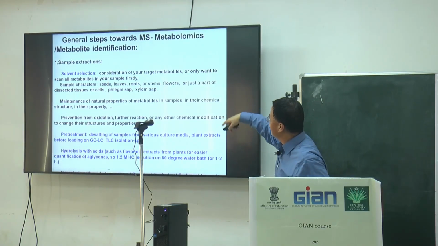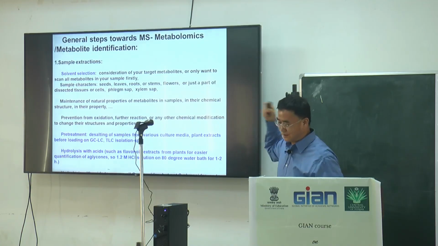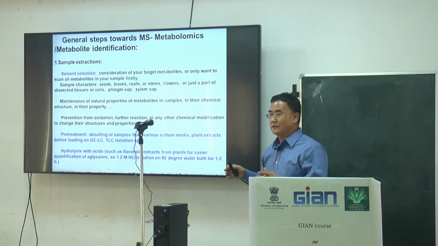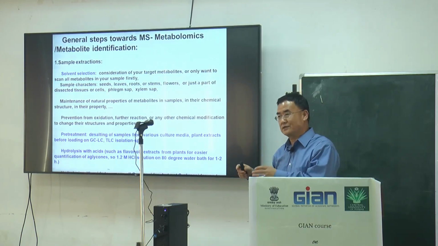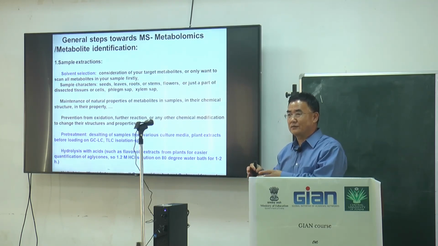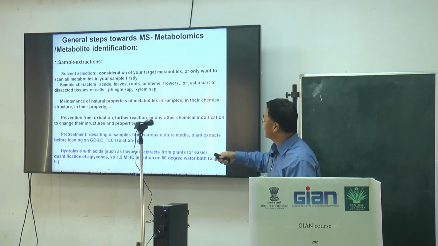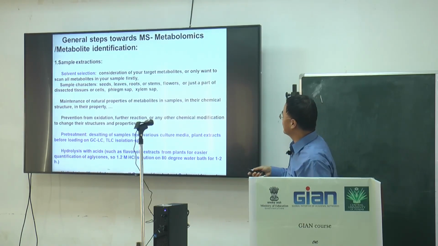I made a very simple outline for the sample extraction. Again, I try to emphasize that the extraction of a plant sample really depends on your purpose. You want to analyze the polar part or the non-polar part. So solvent selection really depends on your purpose.